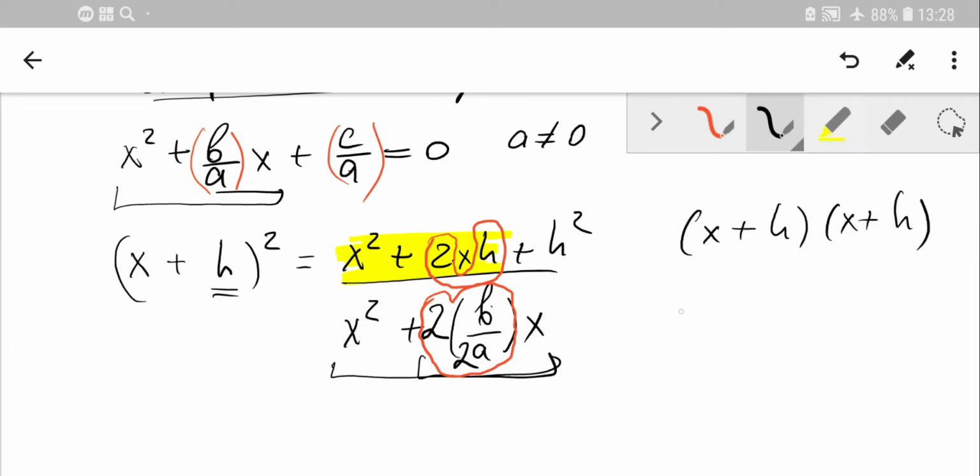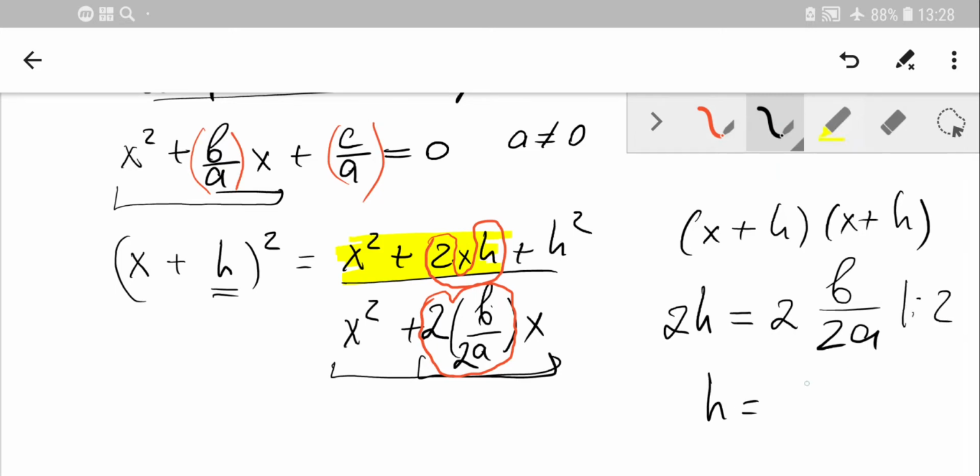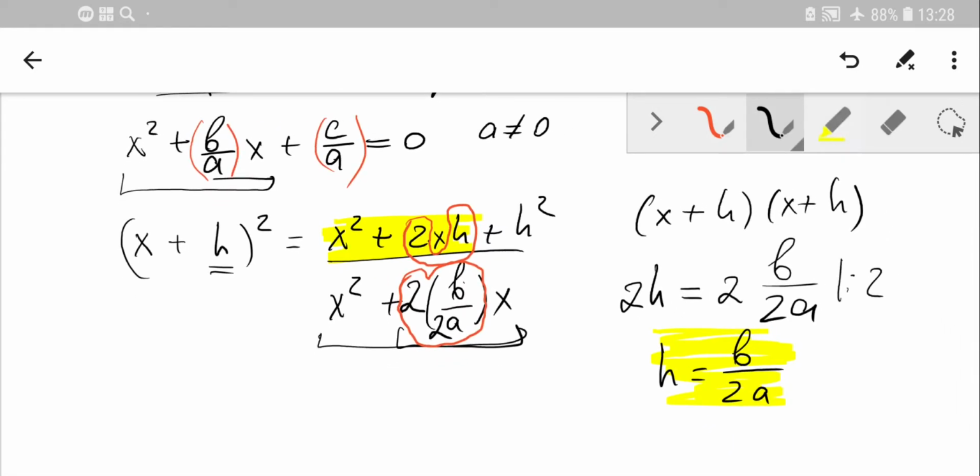So that's why we can say that 2h is simply 2b over 2a. If we divide both parts by 2, we get the following: h is equal to b over 2a. Alright, so we got that, and now we know what h stands for, the value b over 2a.